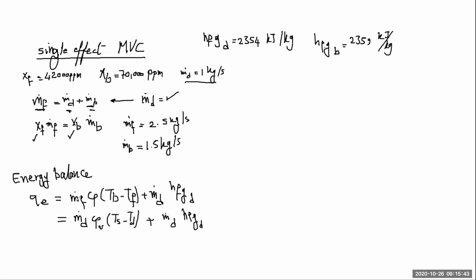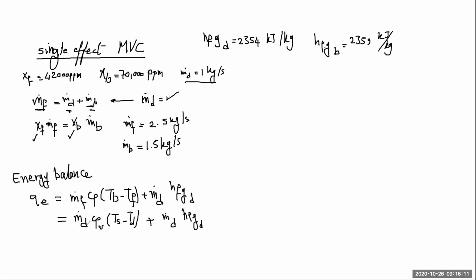So the two equations: this equation is on the cold side of the flow. This is the feed coming in. It will be sensibly heated from TF to TB, and then part of it will evaporate. Here, we are talking about the steam which is entering inside the tubes, that it will be first desuperheated, and then it will condense. The energy which is given by this stream is received by that stream.